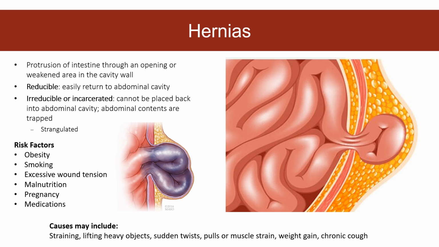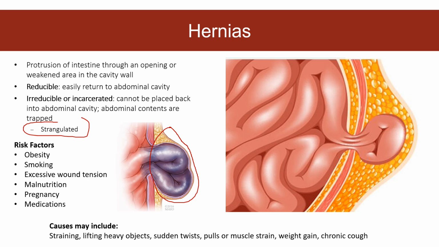The irreducible or incarcerated type, you can't push them back in, and they can end up being strangulated, like this picture. So if they become strangulated, they can potentially lose their blood supply, become ischemic, turn black and die, and then cause infection. So we are trying to avoid that.